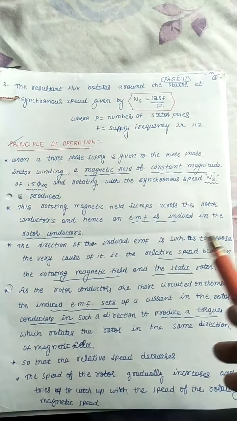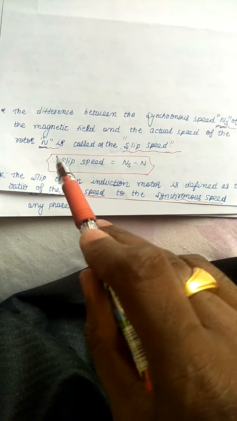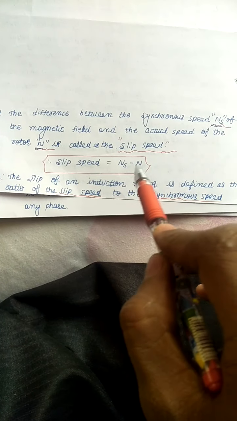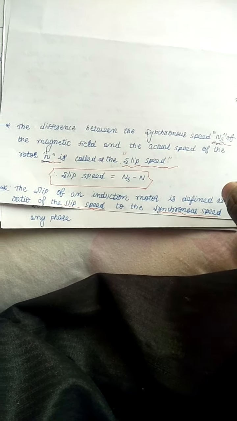But what will happen is, the speed of the rotor doesn't match the rotating magnetic field. There is a slight difference between Ns and N, which you have to consider here. That difference, Ns minus N, the difference between the synchronous speed of the magnetic field and the actual speed of the rotor N, is called slip speed.